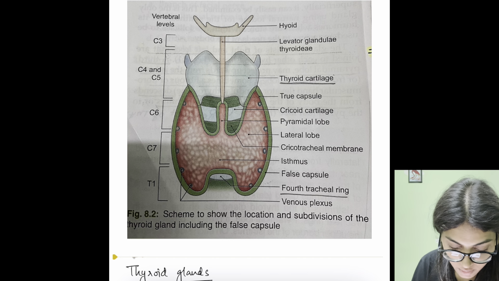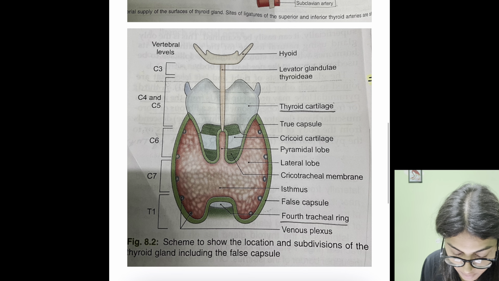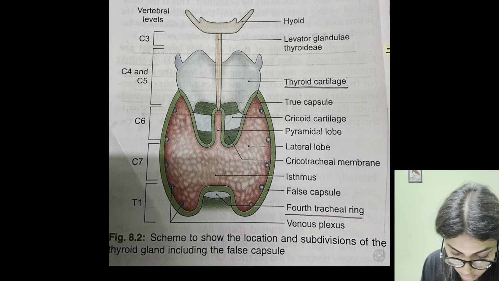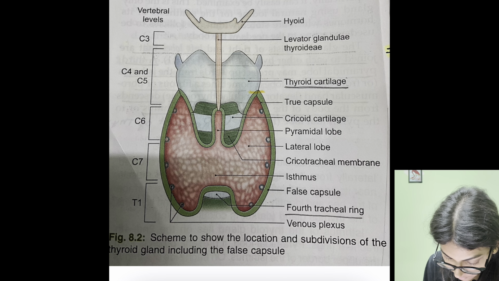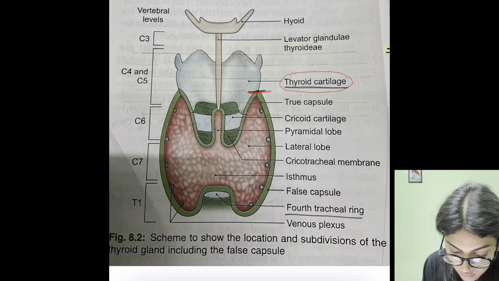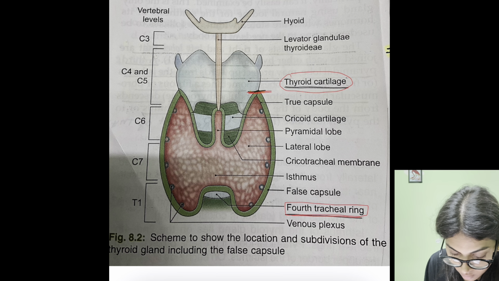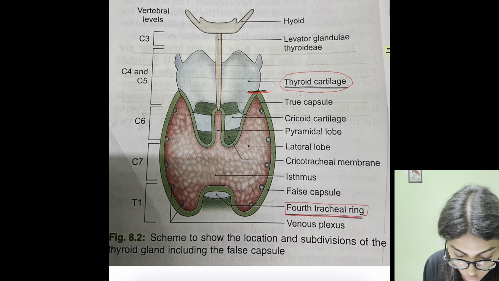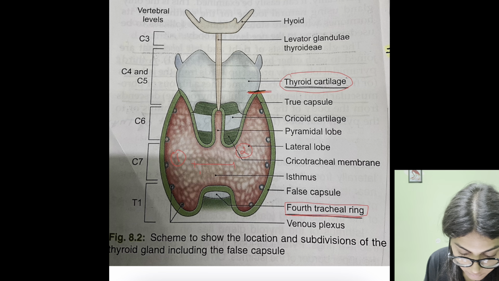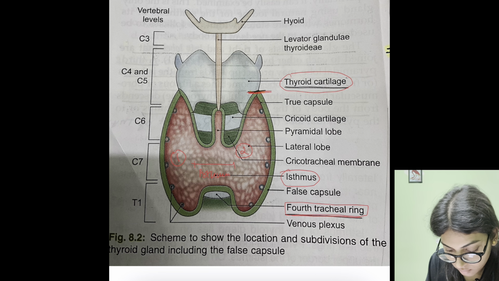So this is our thyroid gland, and it is present between the middle of the thyroid cartilage and the fourth or fifth tracheal ring. These are our two lobes, and they are connected by the isthmus. This is the isthmus.